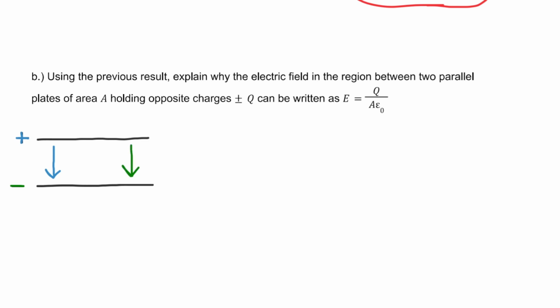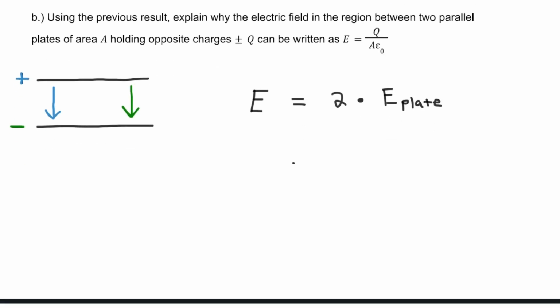So notice I actually get two fields that are adding in the region between parallel plates. So E between the plates would be 2 times E from one plate, which would be 2 times sigma over 2 epsilon naught, which would be equal to sigma over epsilon naught.